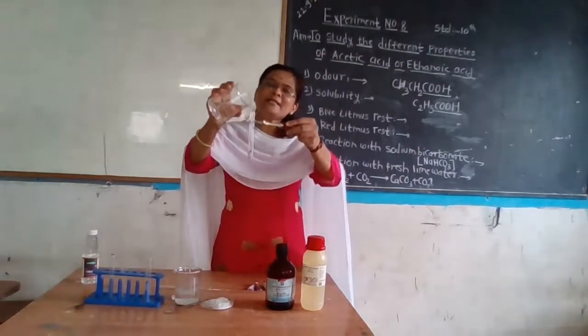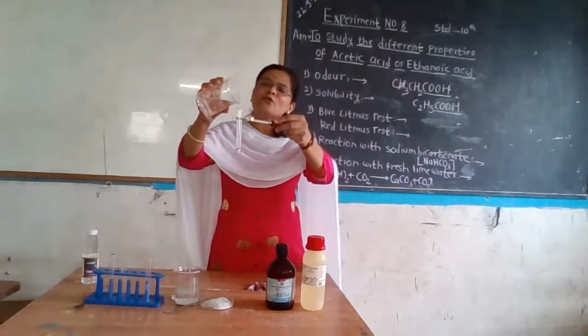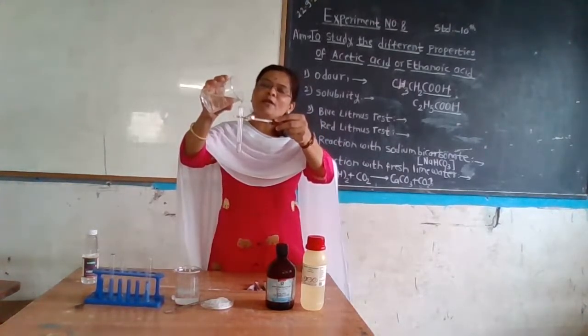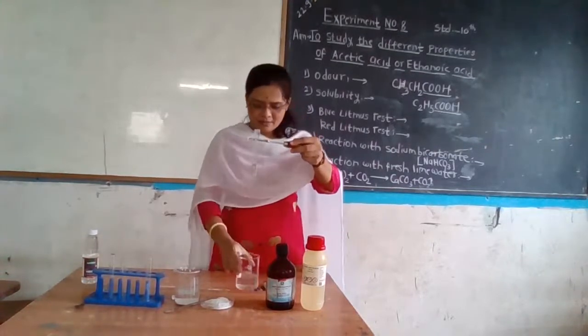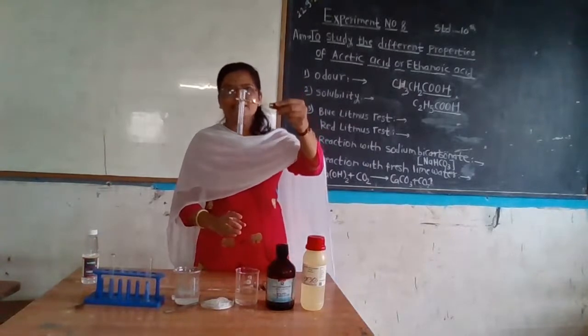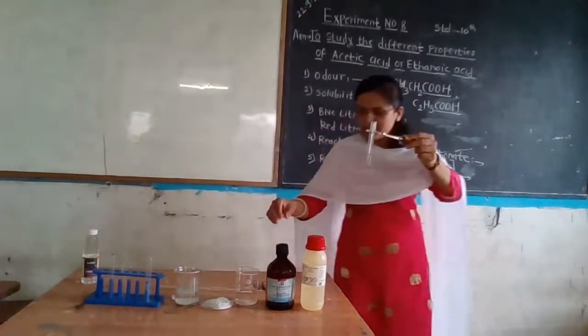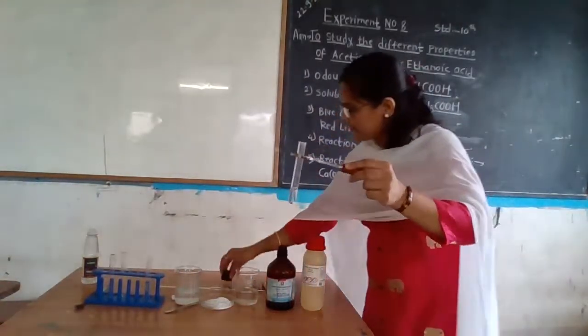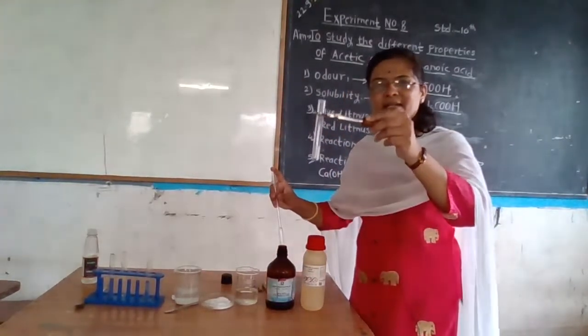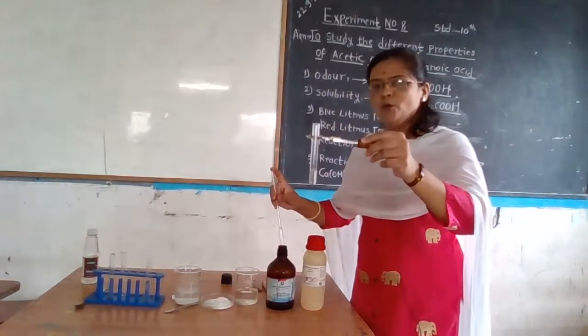I am pouring the distilled water in a test tube, holding it with the test tube holder. 6 to 7 ml of distilled water is taken in a test tube, and then I am pouring a few drops of acetic acid in the test tube.